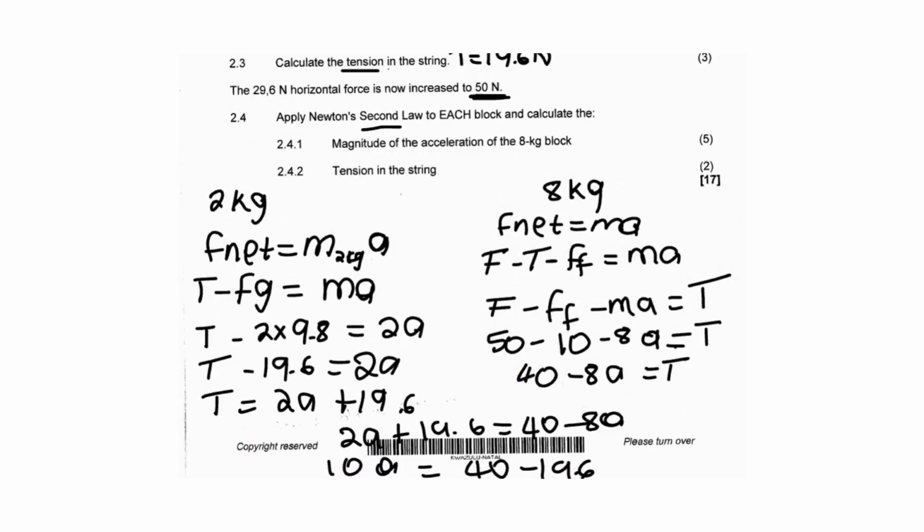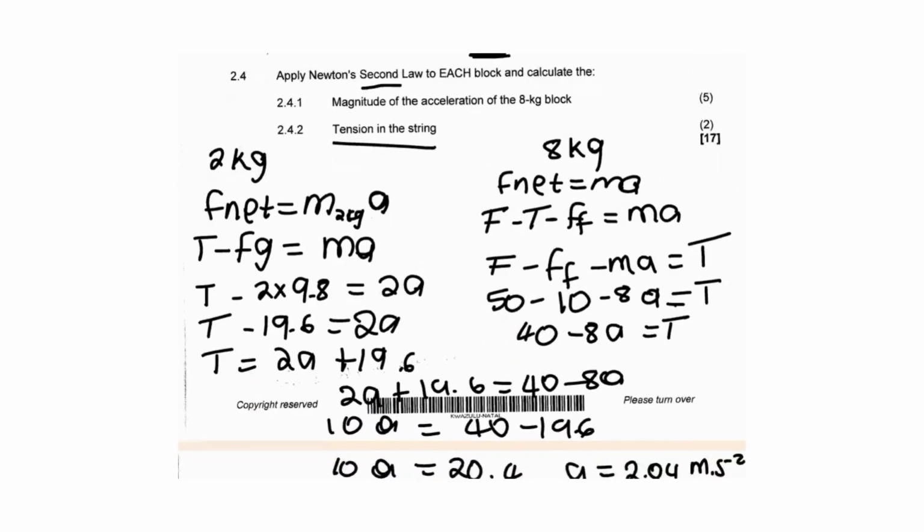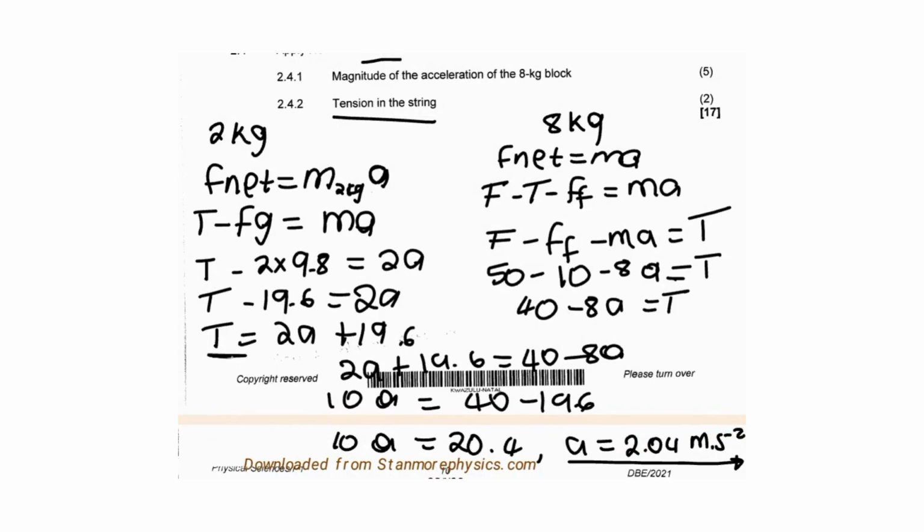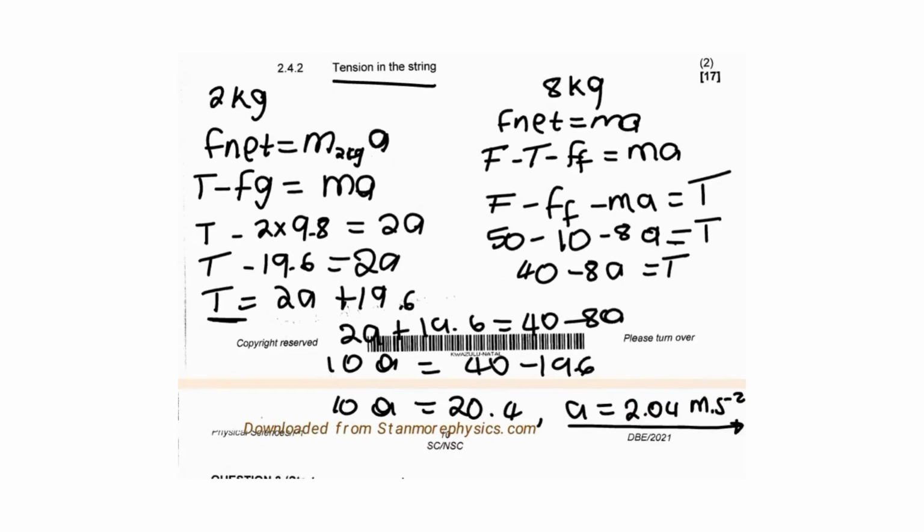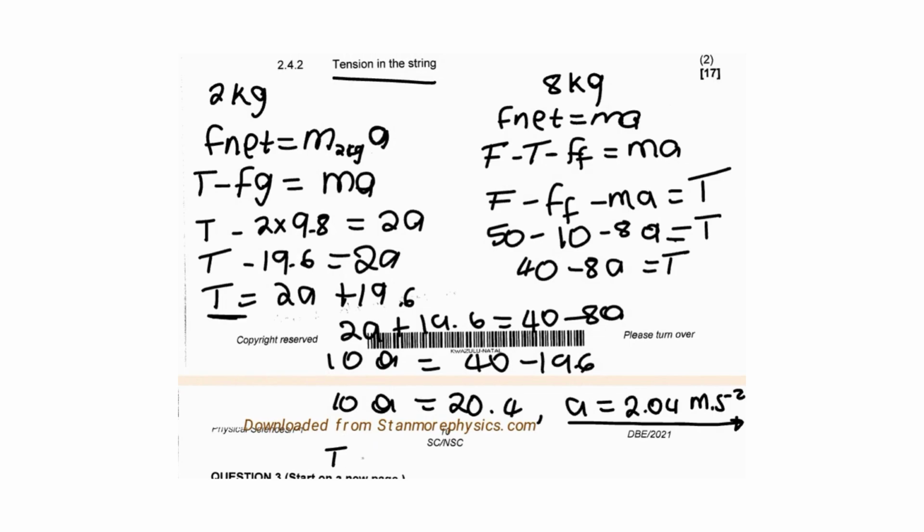And then they also want the tension. For the tension, you still refer to one of the simultaneous equations. So tension would be 2 times the acceleration that we got, which was 2.04, plus 19.6. That gives me a tension of 23.68 newtons.